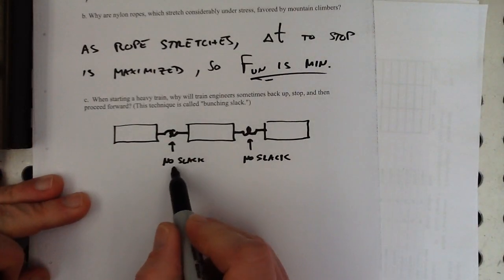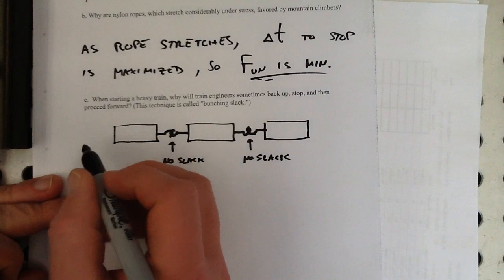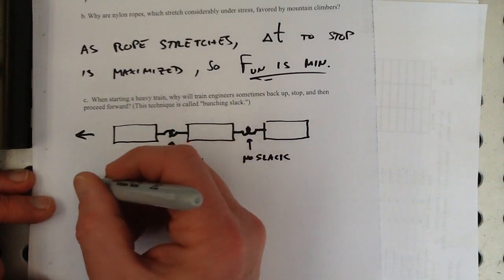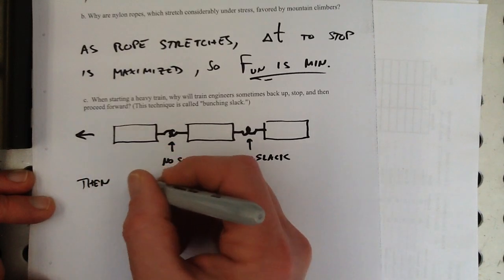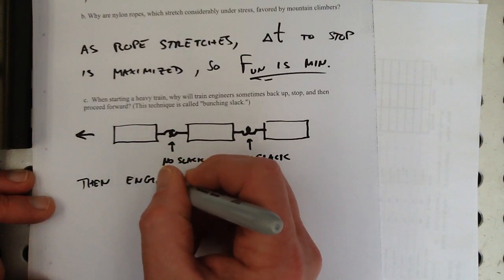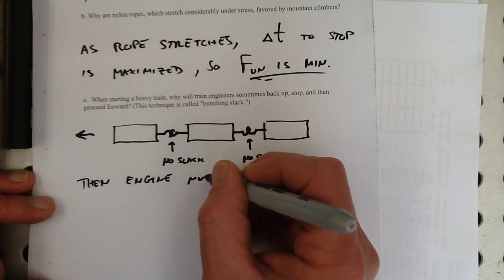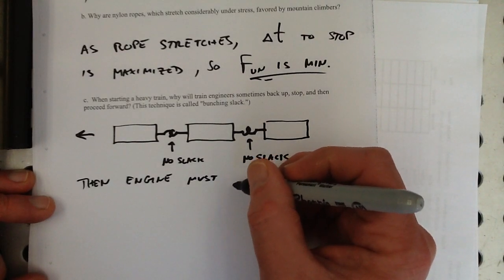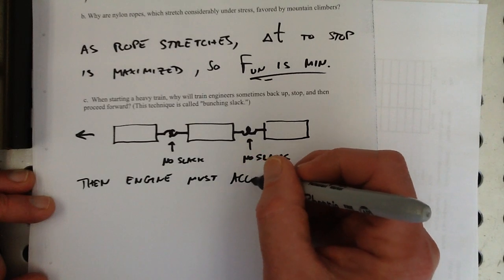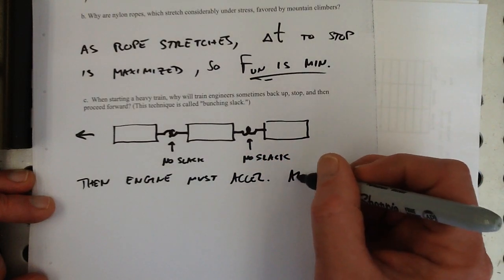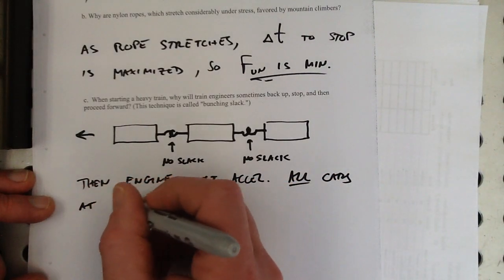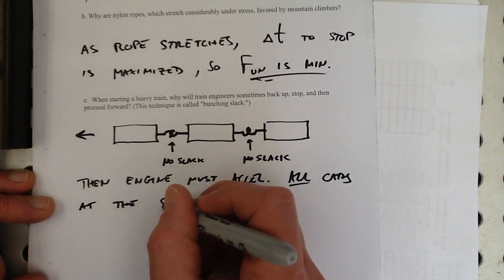So got no slack. So if the train is going to start to move this way, then the engine must accelerate all the cars at the same time.